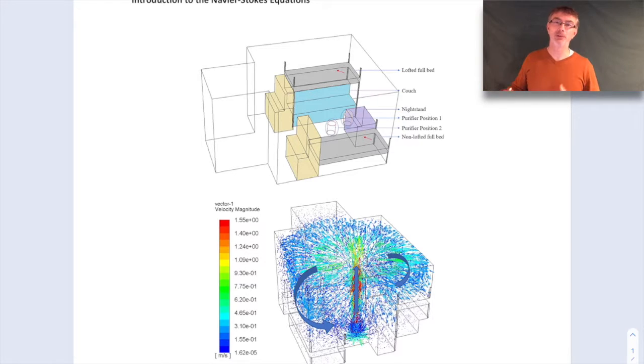We looked at some HEPA filters, got characteristics from those, and modeled them here. Any droplets that are exhaled actually get lofted into the air from this HEPA filter, and they stay lofted for a while.